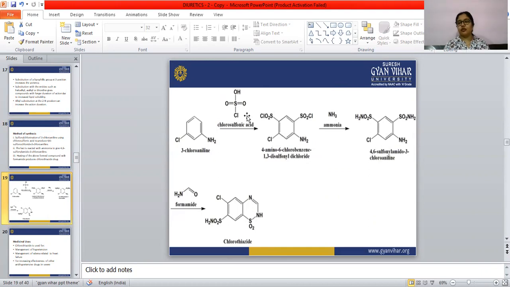This synthesis is very important, as well as the SAR of the thiazides, so you have to learn with the help of the structure. So what does this reaction do here?